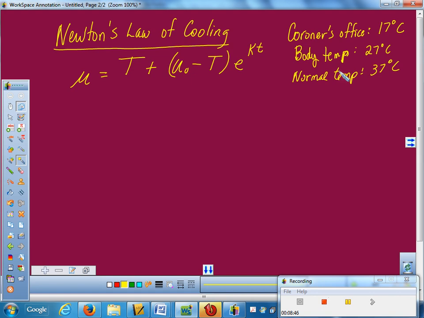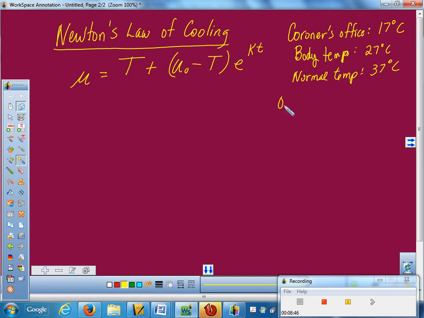And we also have to know, okay. He found the dead body, then he went to investigate. When he came back an hour later, the body temperature was down to 24 degrees. So what's the rate of it?